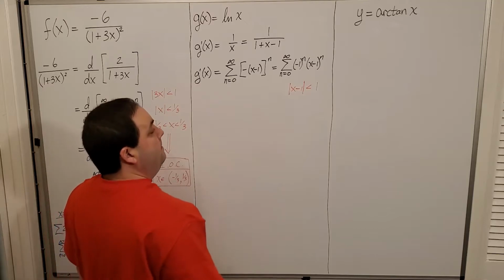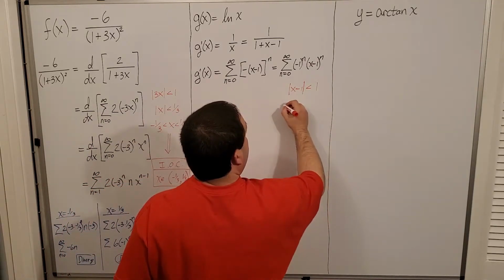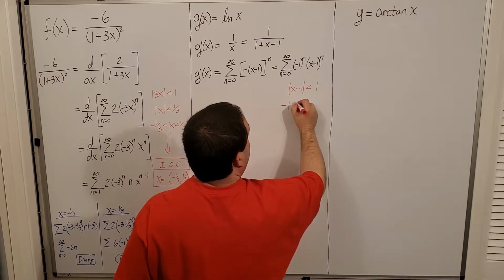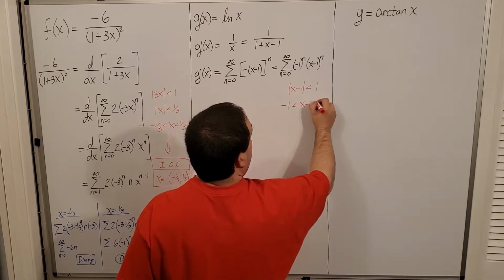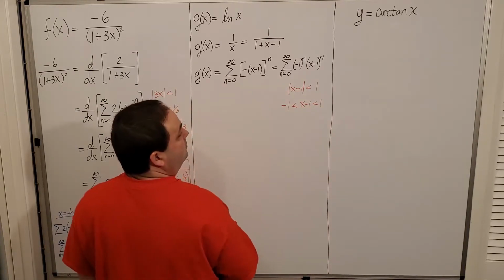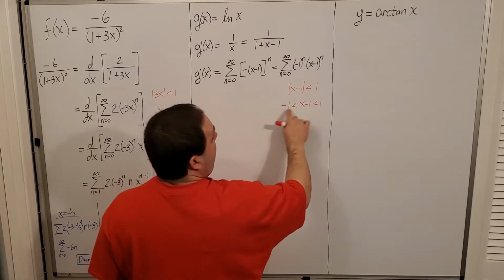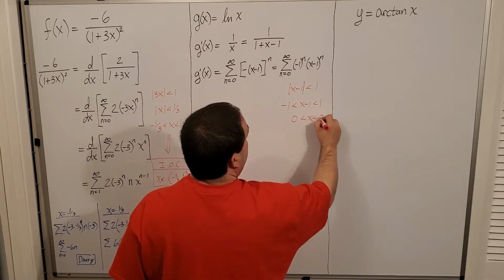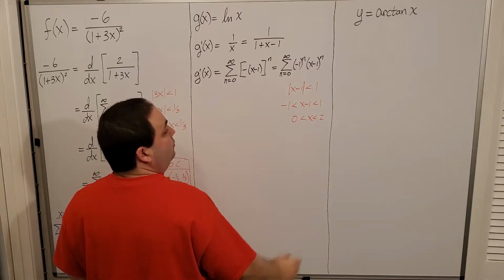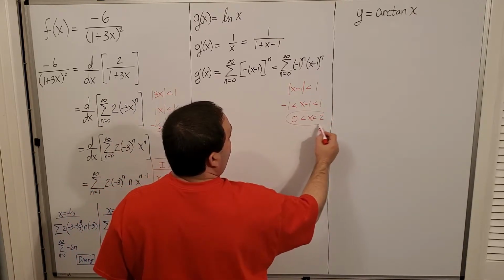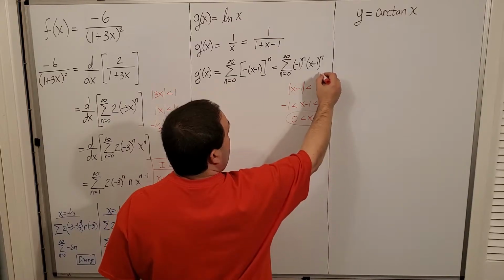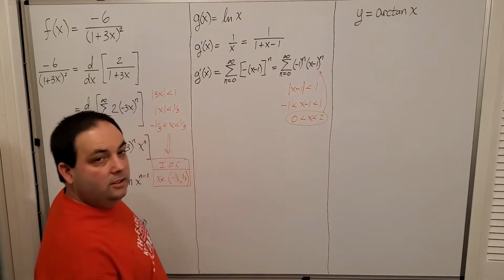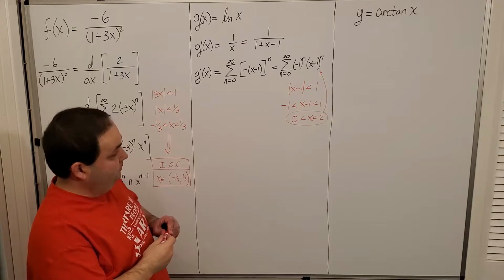So this leads me to negative 1 is less than x minus 1 is less than 1. And then I add 1 everywhere and notice that I have a convergence interval between 0 and 2. Now that's the interval of convergence for this guy. That's my derivative function.